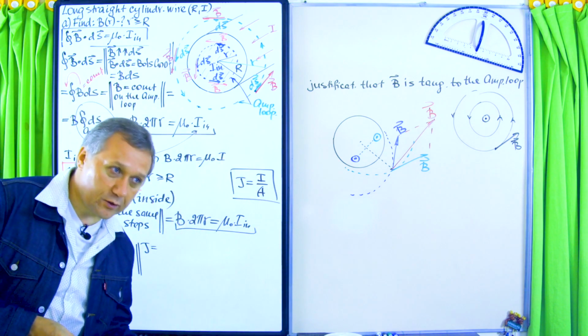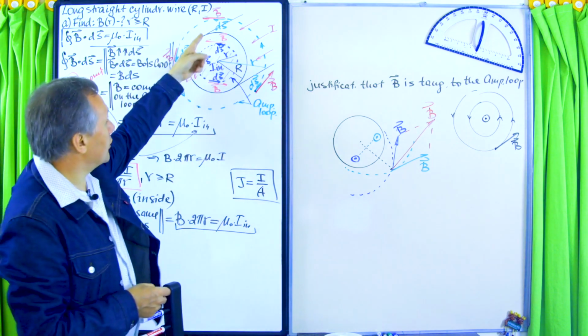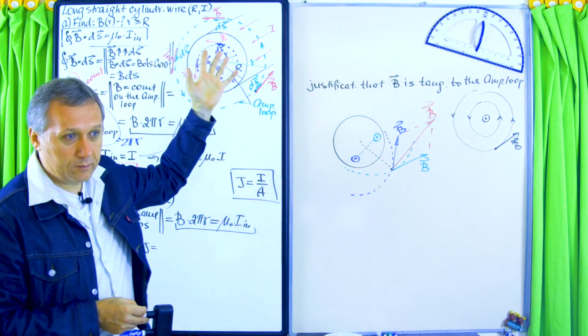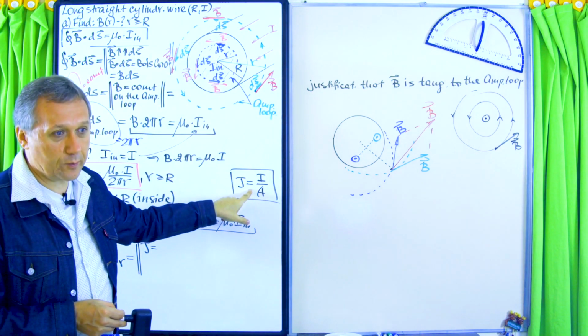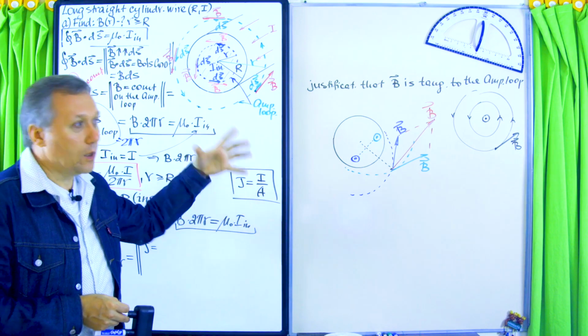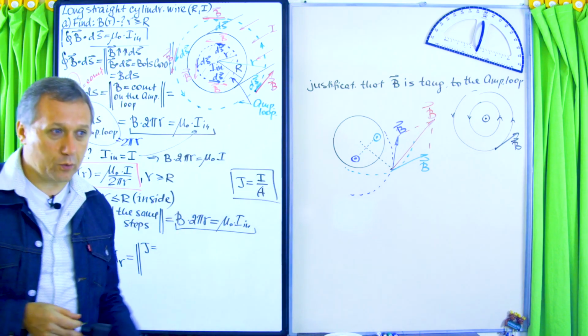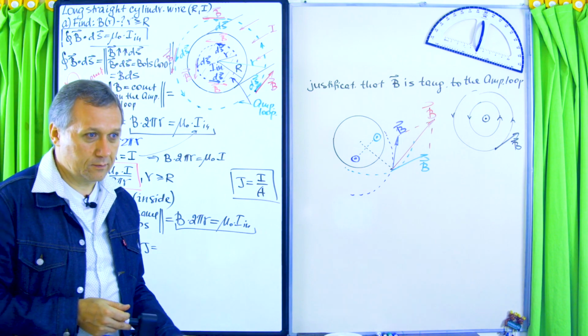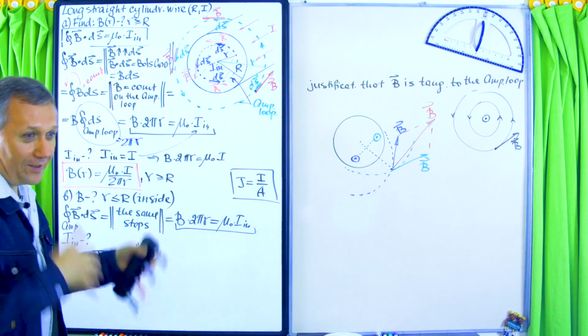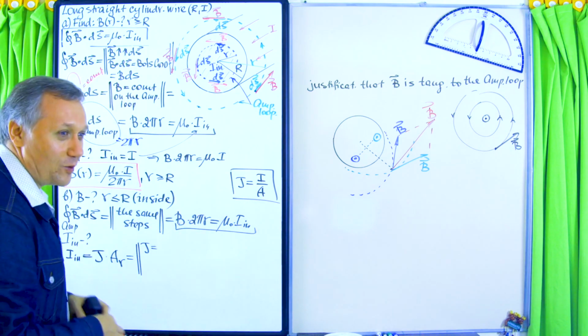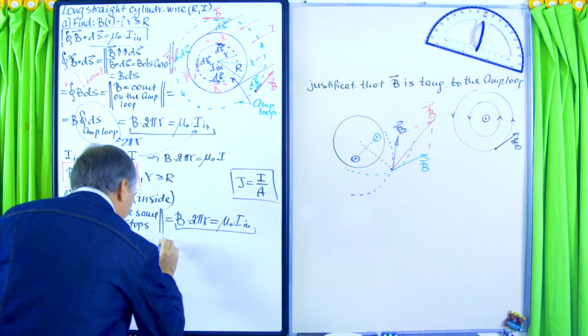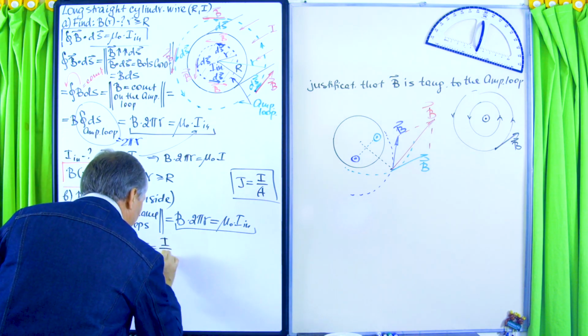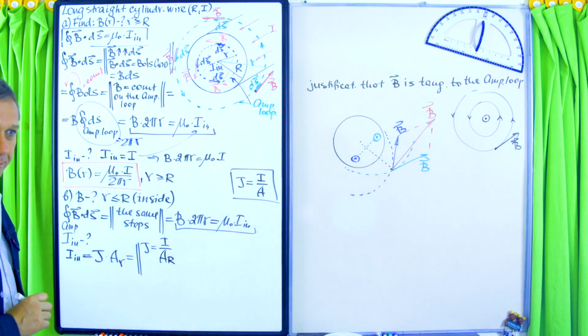It's a circle, okay, area of the circle with radius r capital. Again, it's all in this formula. You just apply it either for total current or for enclosed current. Nothing else but this formula applied in a different form for different currents. So it's I divided by the cross-sectional area with radius r capital.